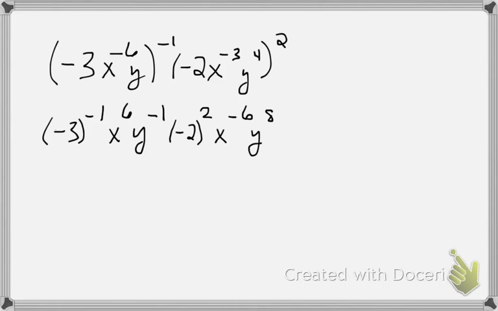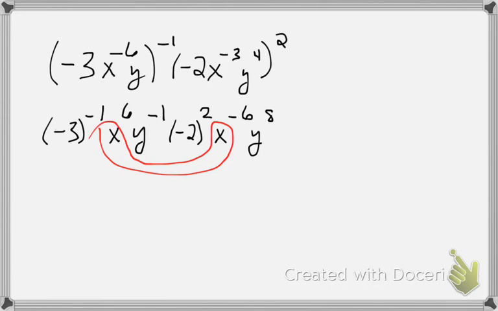Do I have repeat bases? I have no more bases to a power raised to another power, but do I have repeat bases? Yes. So we have to handle that. There's no other base of -3. It's on its own. There's no other base of -2. It's on its own. We do have the base of x twice.